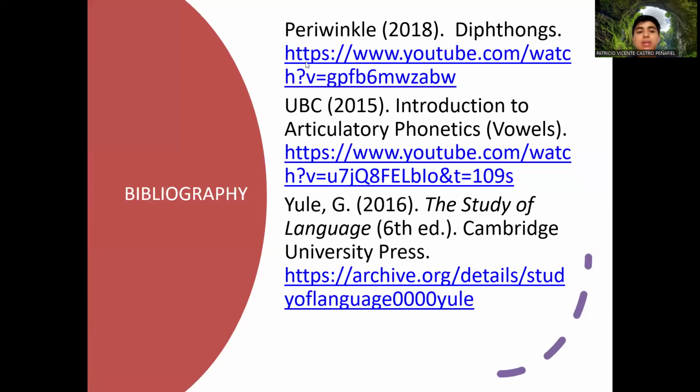Now you can see here the sources that I used in this presentation for you. These are about the different vowel sounds that I found for you. The first one is a source on YouTube.